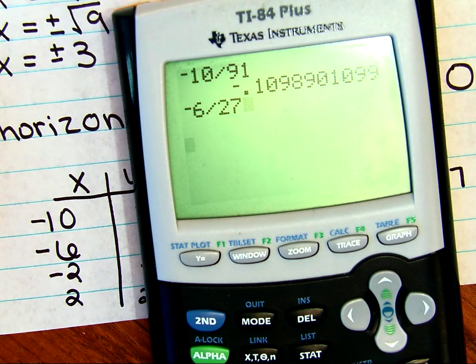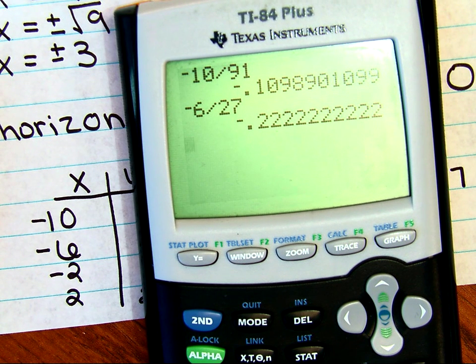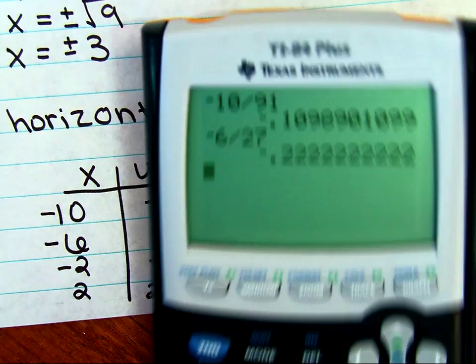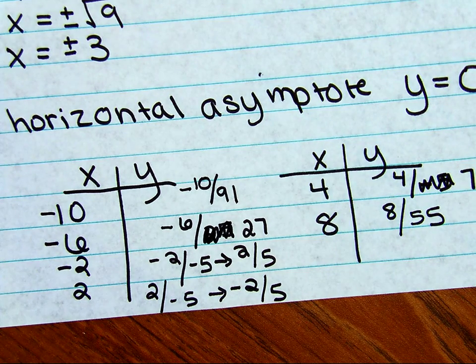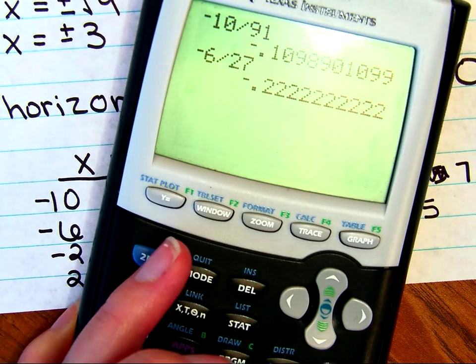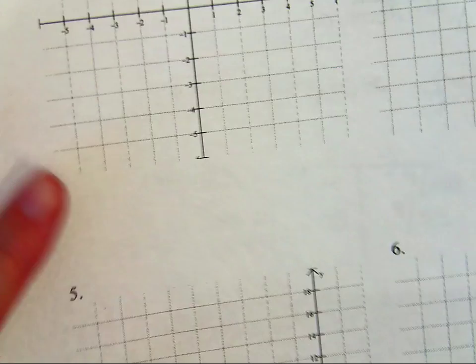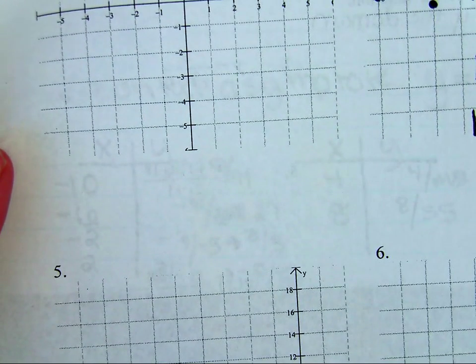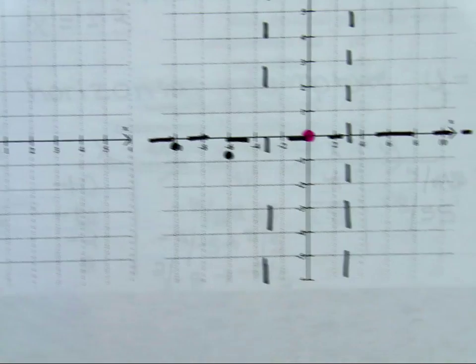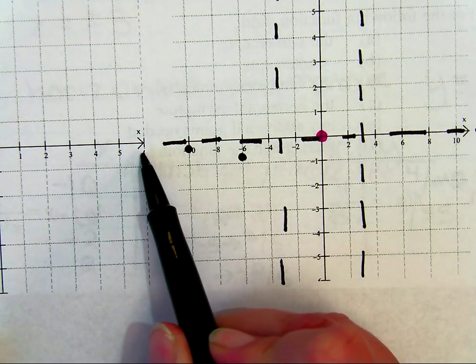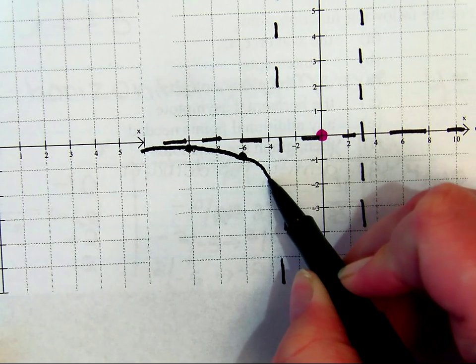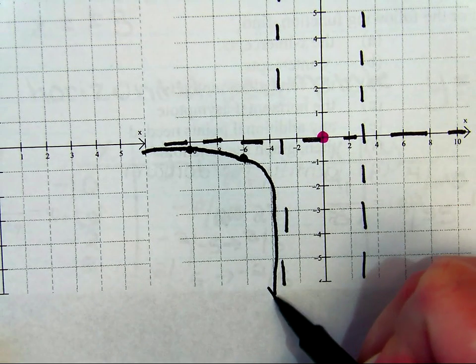Which one of those is the smaller number? I'm sorry, my second one's smaller because we're in the negatives, so -6 over 27 is going to go down a little bit. Now look, here's an asymptote. The behavior is to go through these points and keep getting closer and closer to that line, but it will never cross my vertical asymptote.